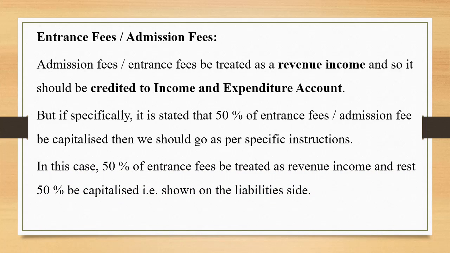Whatever amount is to be capitalized will go to the balance sheet liability side, and the remaining amount will be treated as revenue income and credited to income and expenditure account. Do remember, this will happen only if some instruction is given. Otherwise, in general, we are going to record entrance fees as revenue income and credit to income and expenditure account.